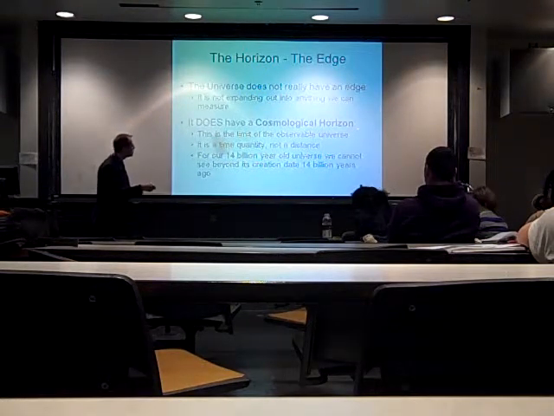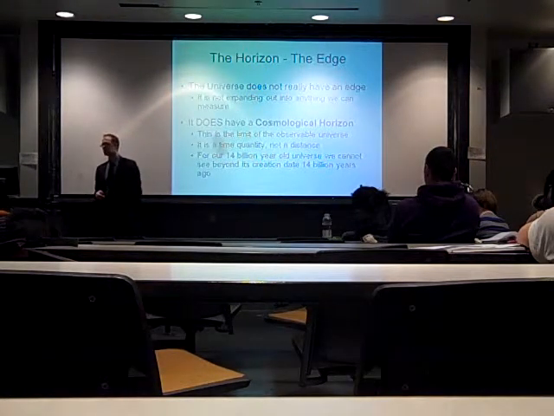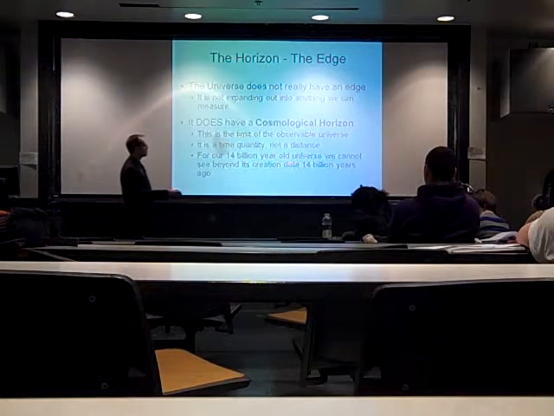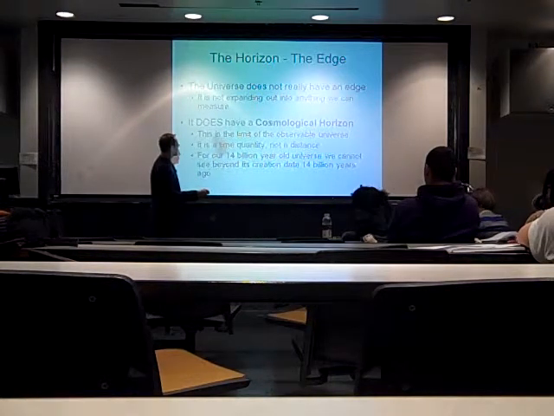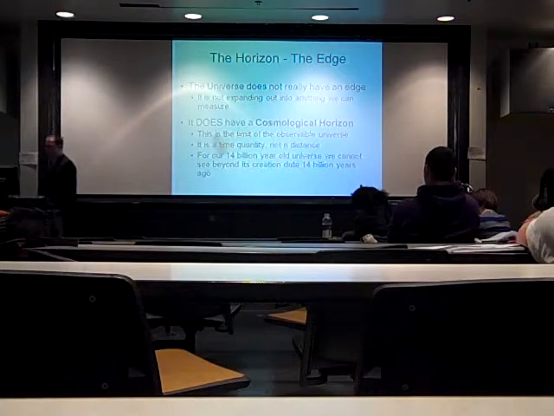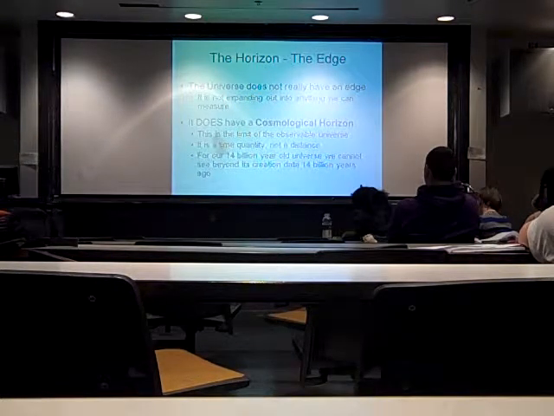So that's really the limit of our observable universe. Again, it's a time quantity, not a distance quantity. So for our 14 billion year old universe, we basically cannot see beyond that creation date of 14 billion years ago. We don't have any way to measure anything beyond that. We don't have photons of light coming from objects because they're not there.